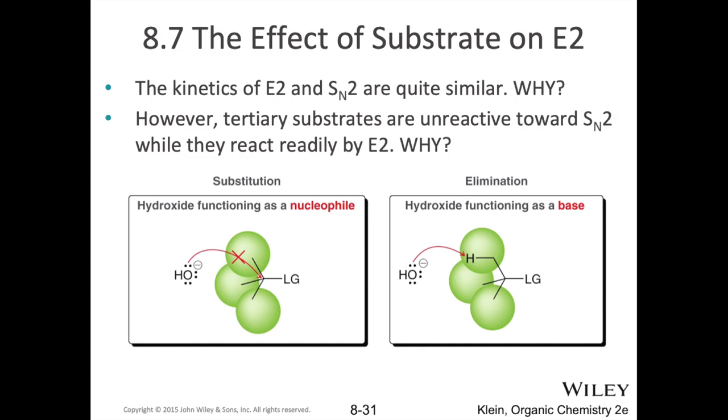This isn't as big a barrier to a successful reaction because your base that's coming in isn't trying to attack your alpha carbon. It's actually going for that beta carbon. It's plucking off a proton from that beta carbon, which need not necessarily be tertiary. Okay. So something to keep in mind there when you're looking at whether your substrate is primary, secondary, or tertiary. Remember that designation's referring to the alpha carbon, and in the case of an elimination, that's not as big a deal.